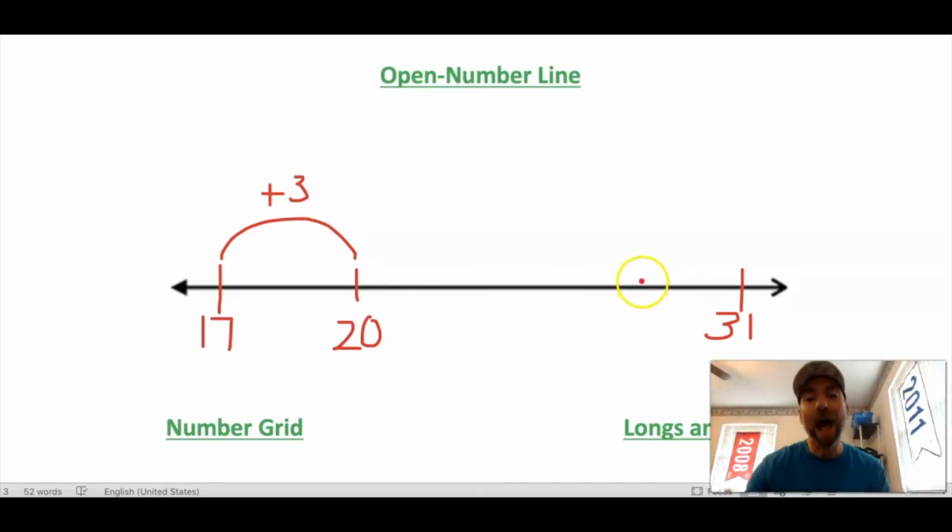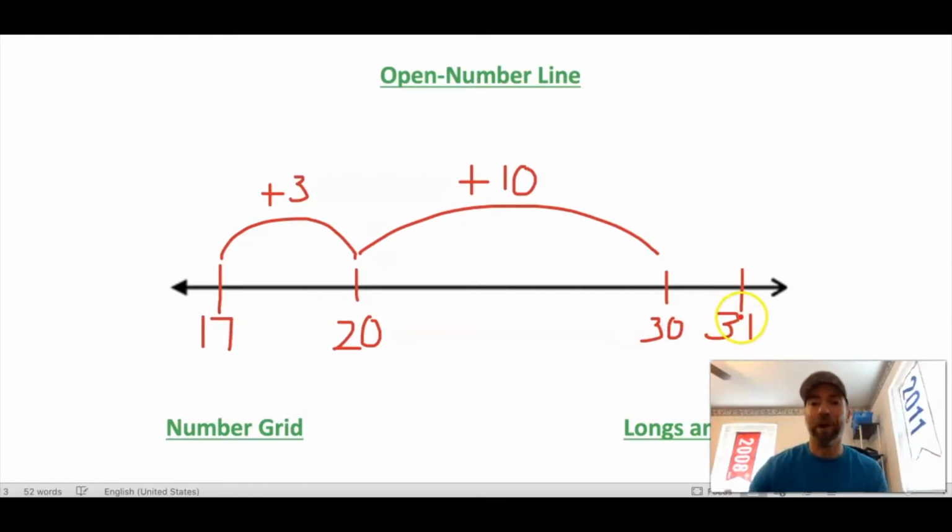So I'm going to hop 10 this time. If I hop 10, 20 plus 10 will get me to 30. Now I'm at 30. I need to get to 31. Well, how many hops? From 30 to 31, I'm just going to have to hop 1.